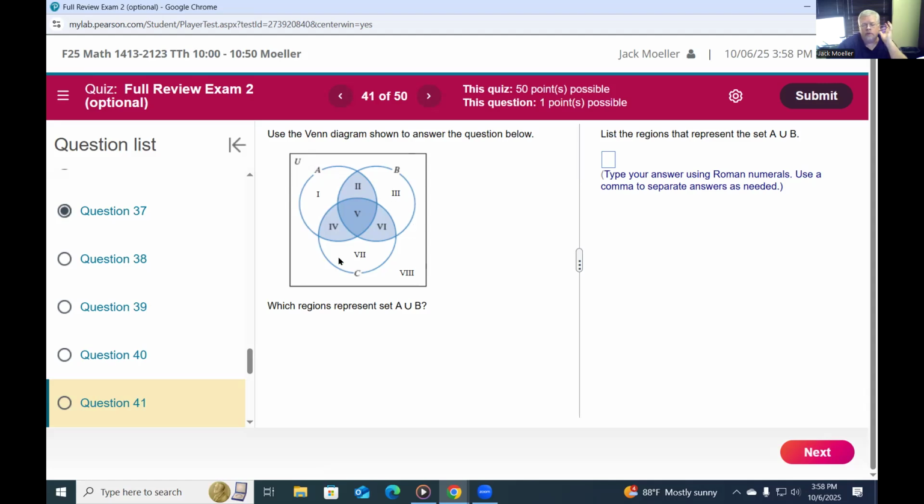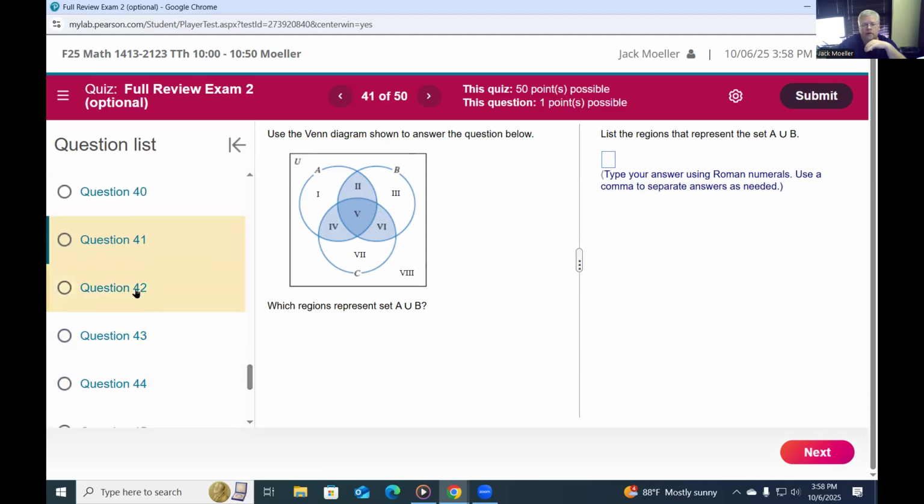So you're going to have some questions, again, where you're going to have to identify these regions on a 3-set Venn diagram. B intersection C, again, ignore A. It's those 2 regions, 5 and 6. It just so happens 5 also has A, but we don't care because we're not saying anything about A. I just want to know intersection of that circle and that circle.